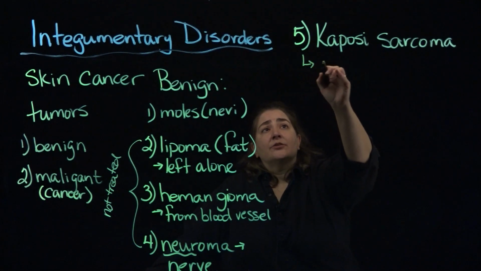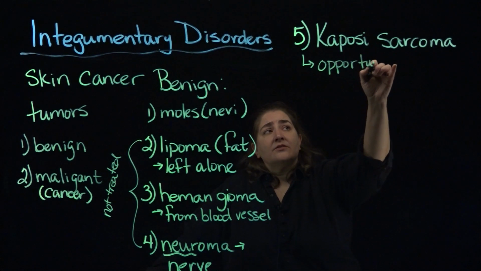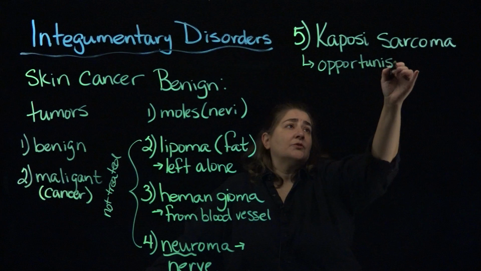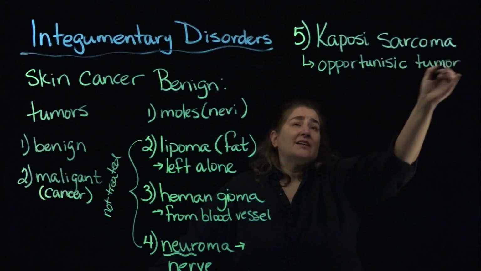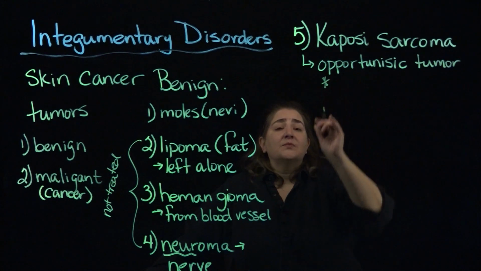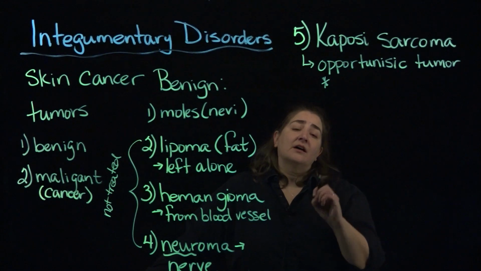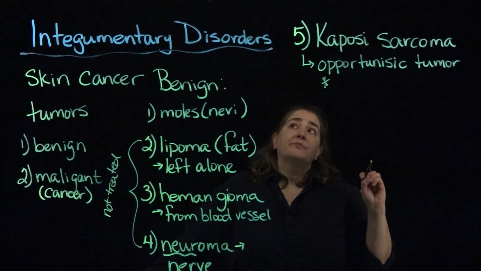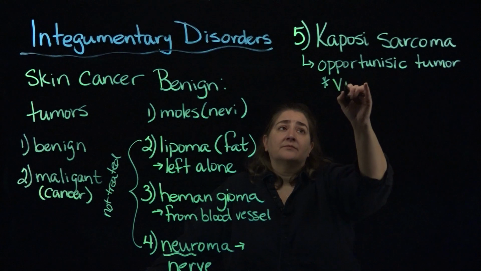This particular skin lesion is considered an opportunistic tumor, because with this particular lesion, you have to have a concomitant infection with a viral entity.